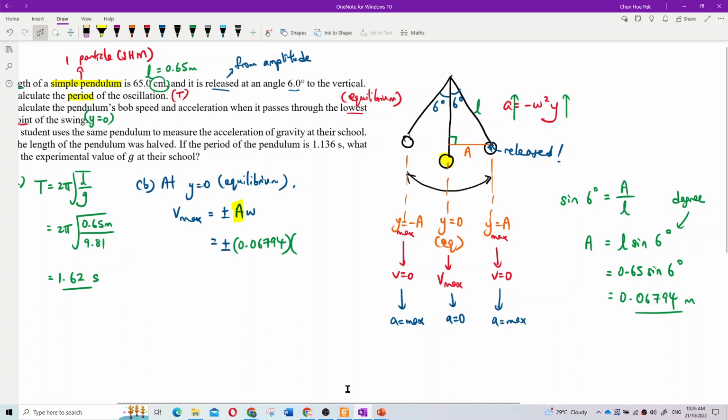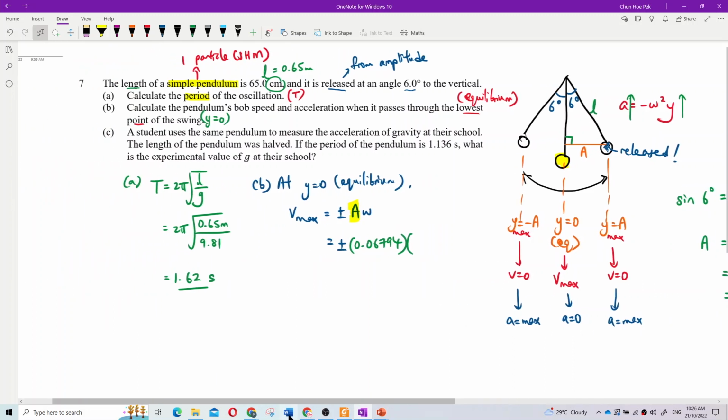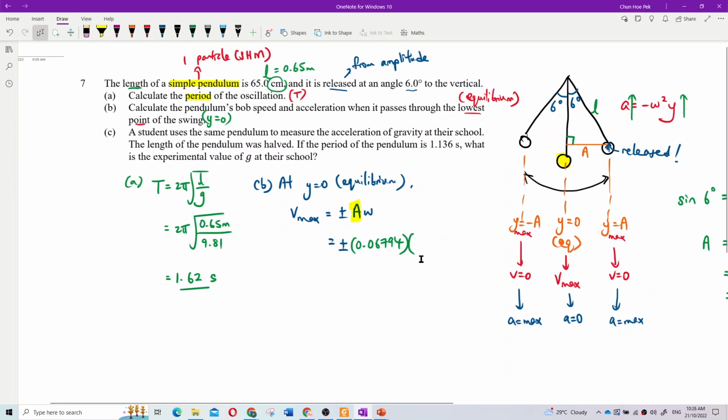What's the omega, class? Is there a way to find omega from here? 2 pi over period. Because we have the period. When you have the period, you can find omega.